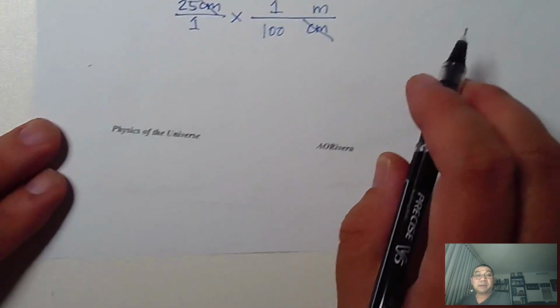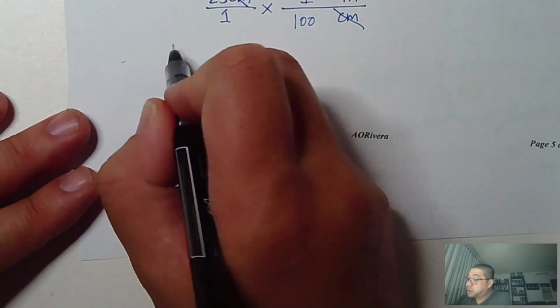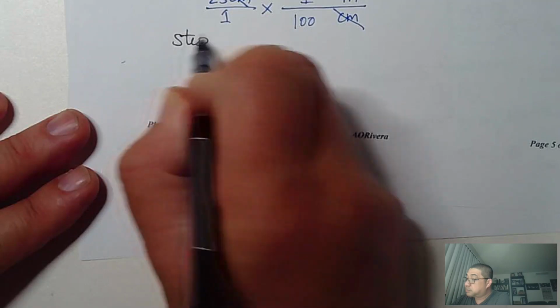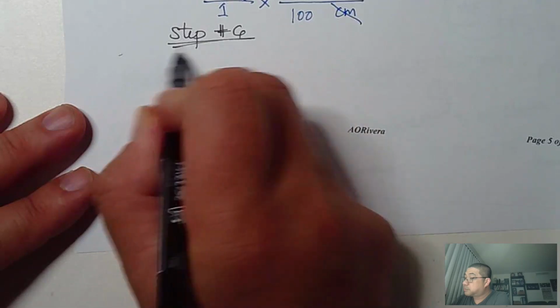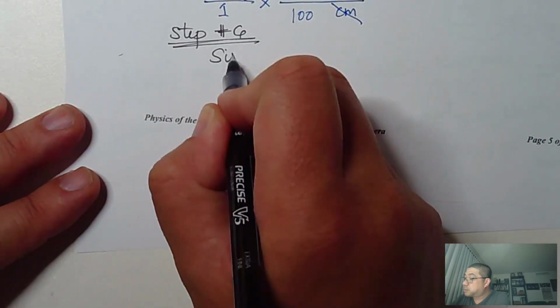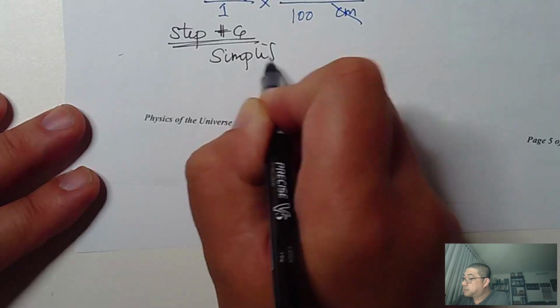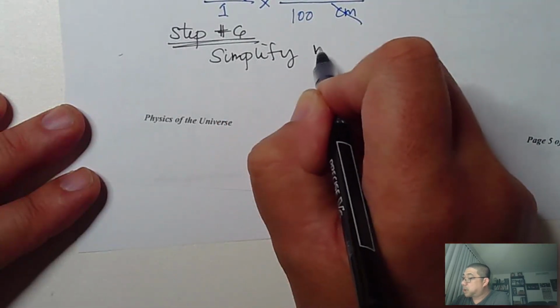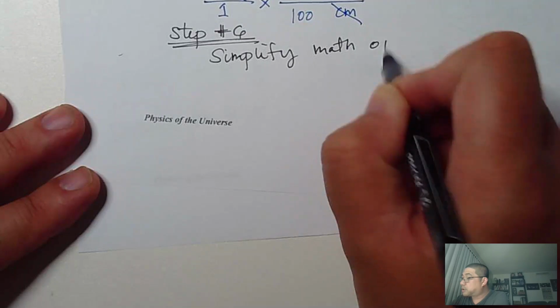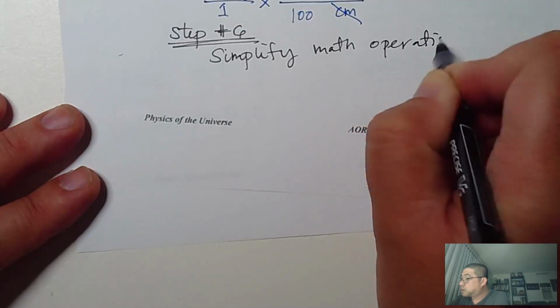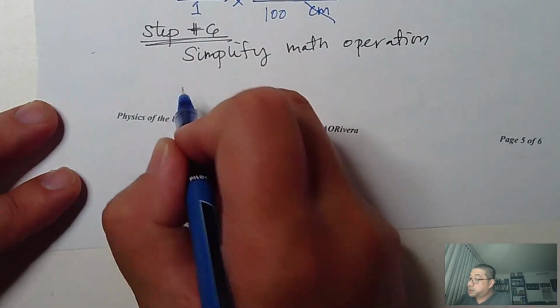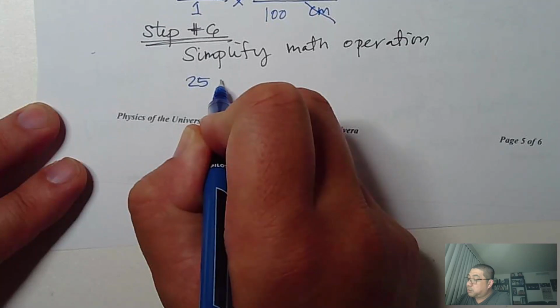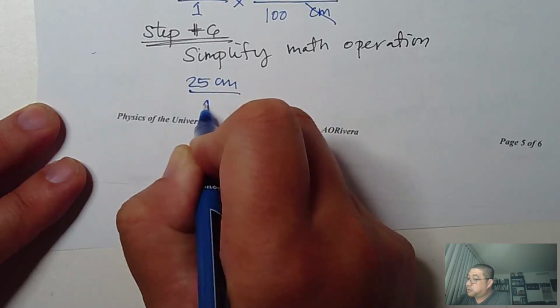The final step is step number 6, and that is to simplify the math operation. But before we do so: step 1, given, change it to a fraction, divided by 1.